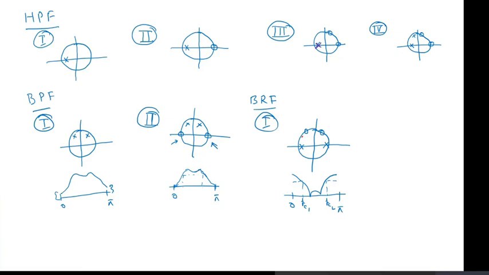So if I put another pole over here and another pole near to this 0, then it will be something like this. See, the roll off, the decrease will be much more steeper. Okay, the decrease will be much more steeper.